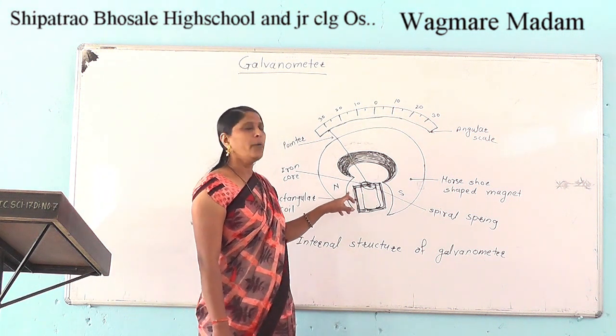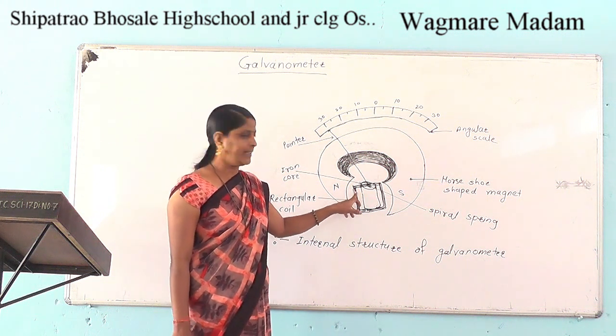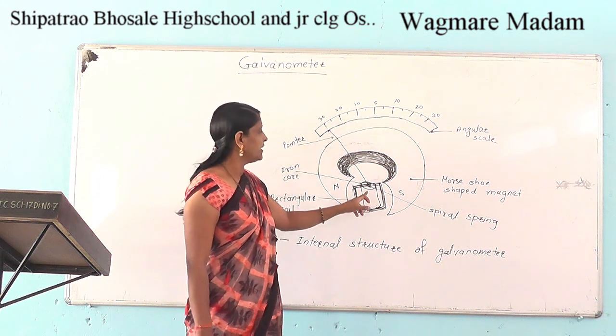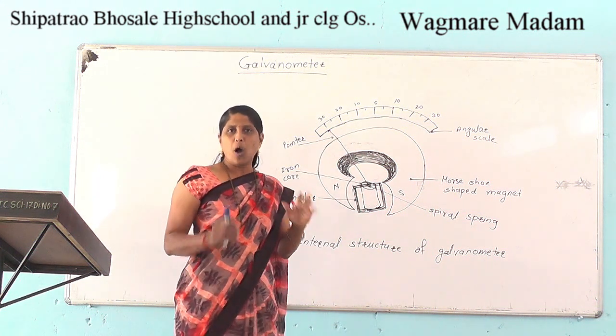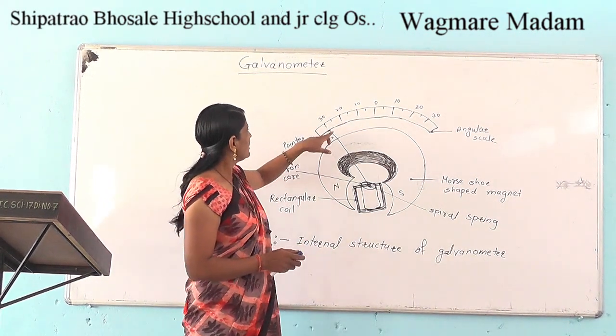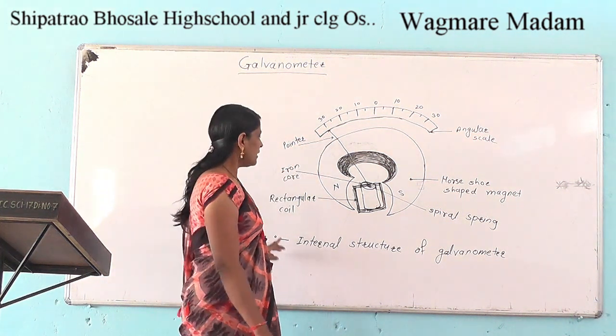So when current passes through the coil, it rotates, and the pointer shows the deflection of the coil. That is how the amount of current flowing through the coil is measured.